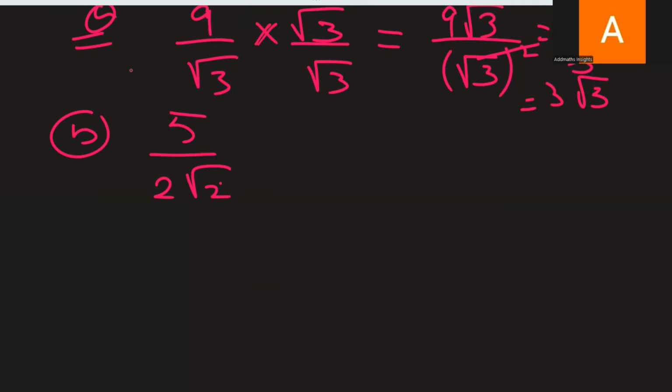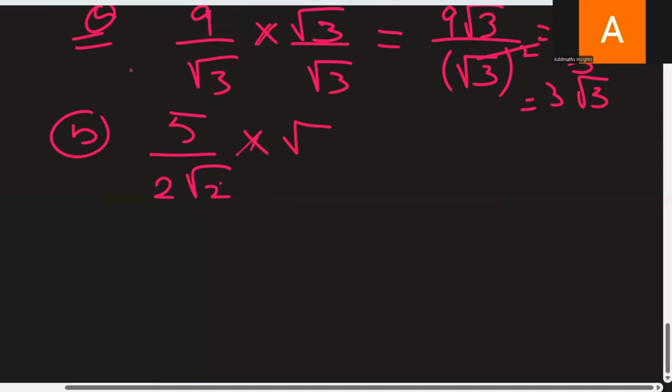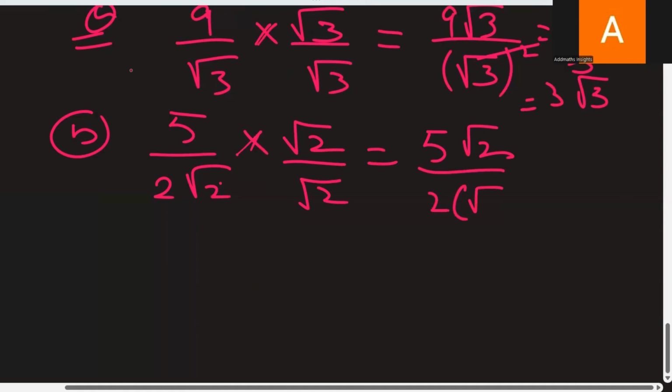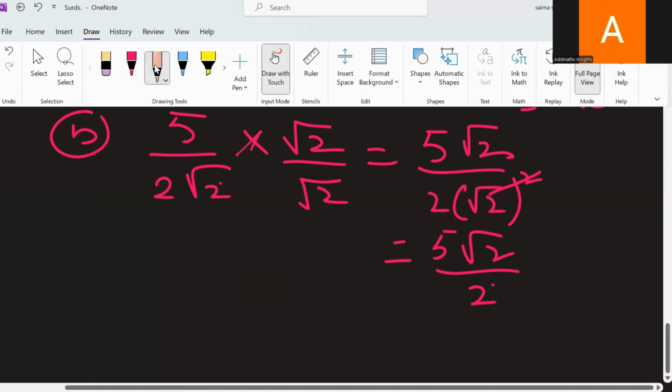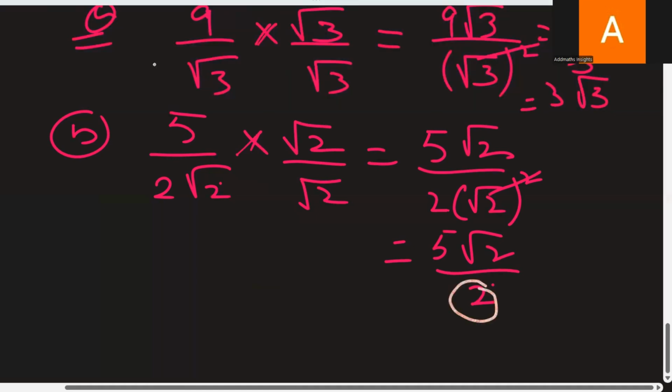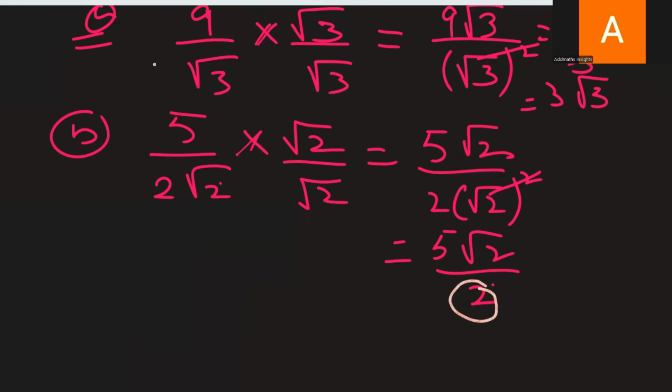What you need to do is multiply and divide by the same root 2. So this is 5 root 2, and this is 2 times root 2 squared. Simplify, and your answer is 5 root 2 over 2. Now you have changed this denominator into a rational one, right? So this is called rationalization of the denominator.